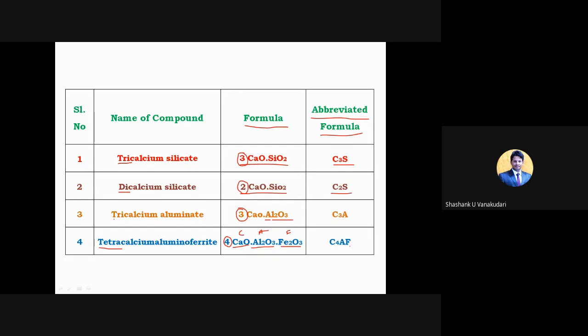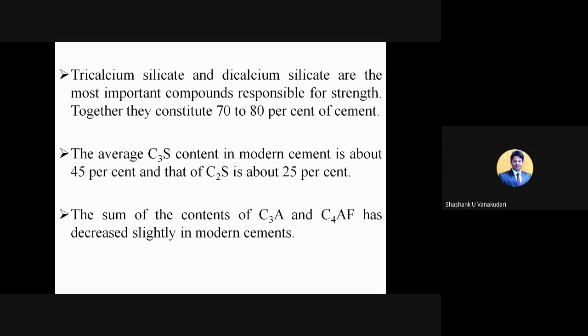Now we'll study the main advantages and applications of these compounds in the cements. Why we require these compounds, and what tricalcium silicate will do, what dicalcium silicate will do, what tricalcium aluminate will do, and then the fourth one, tetracalcium aluminoferrite. So here tricalcium silicate, that is C3S, and dicalcium silicate, that is C2S, are the most important compounds.